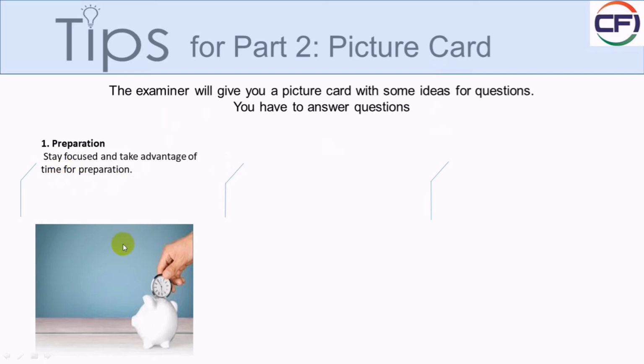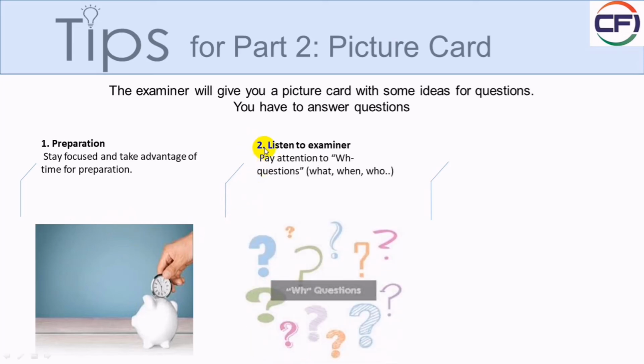Preparation doesn't mean that you have to learn by heart, but you have to get familiar with the kind of information on the card. You should guess the kind of question the examiner might ask you.